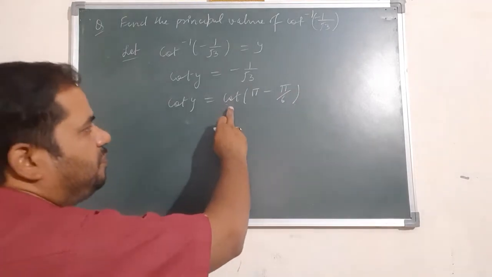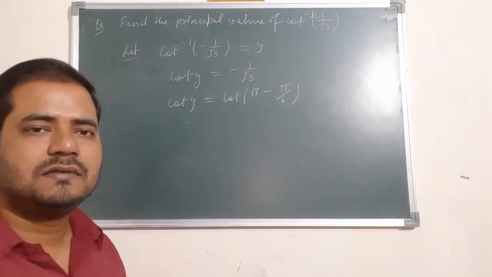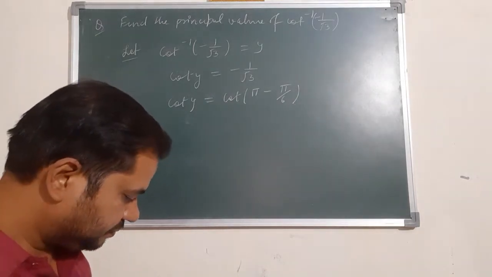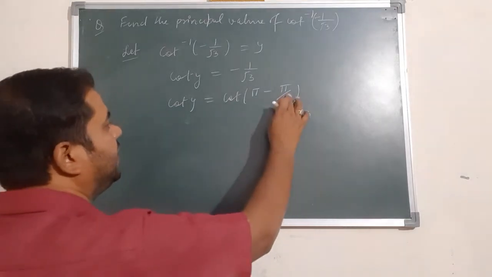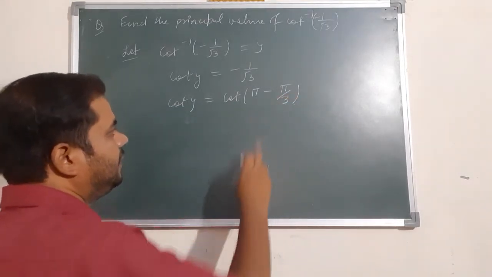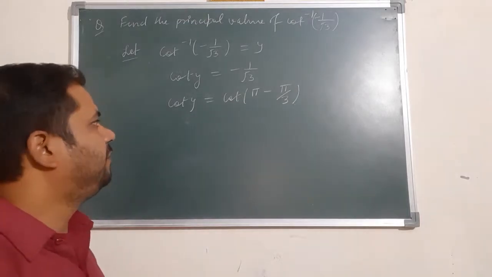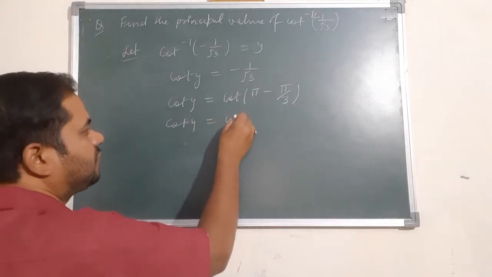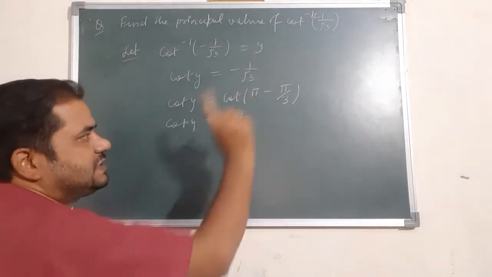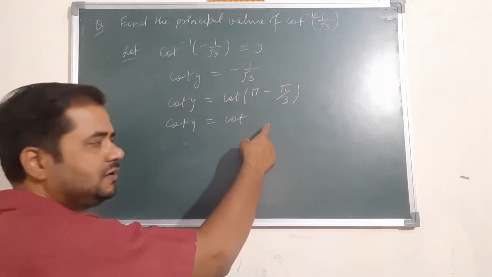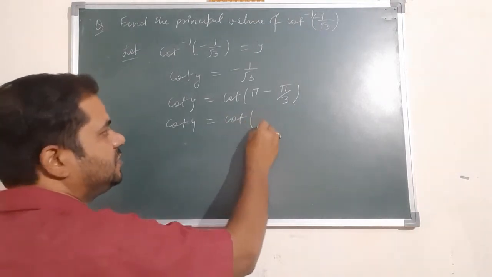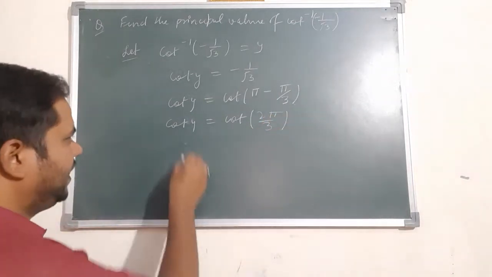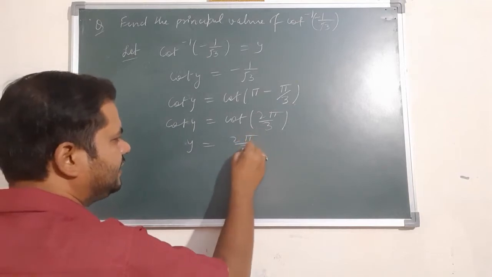Okay? So cot y is equal to cot of pi minus theta, which is minus cot pi by 3. No? That's why it is simply 2 pi by 3. So y is equal to 2 pi by 3.